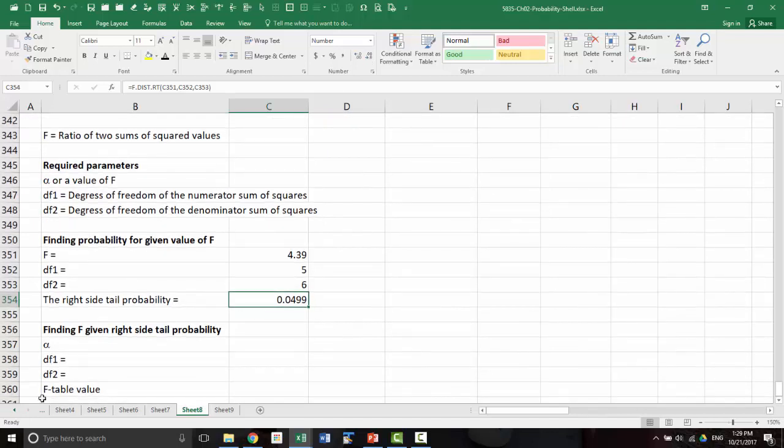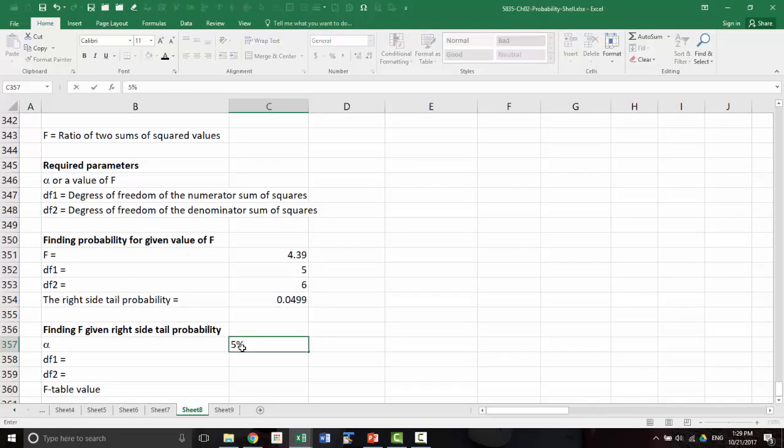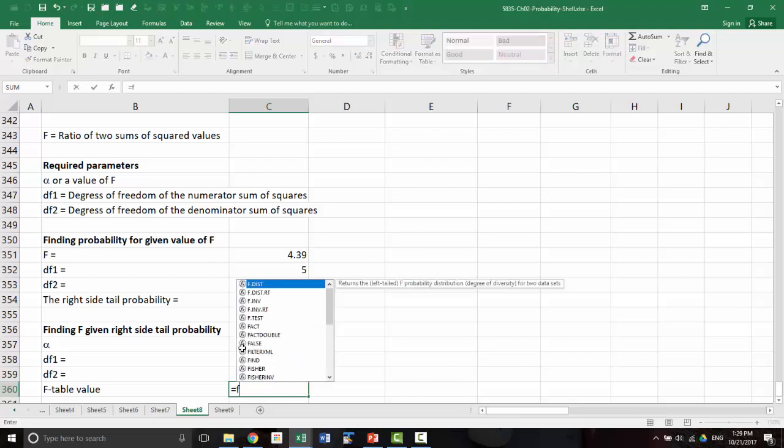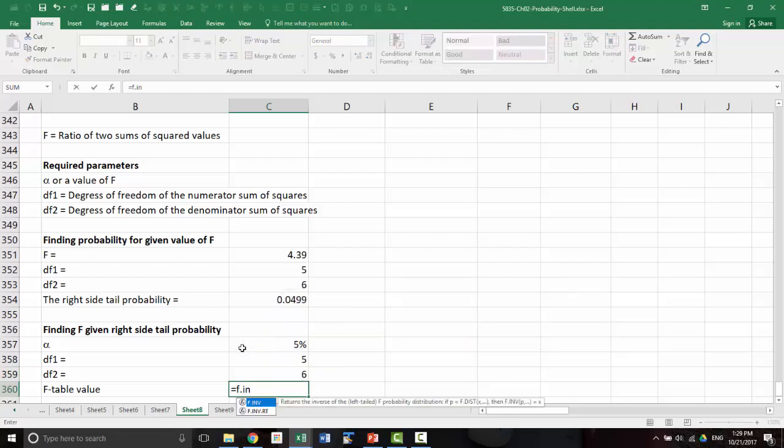Or if you're given alpha, suppose the tail probability is given as 5%, and the degrees of freedom are 5 and 6, then we use F.INV. Again, we have two versions of this function. If you use F.INV, then you have to provide the cumulative probability for the function.